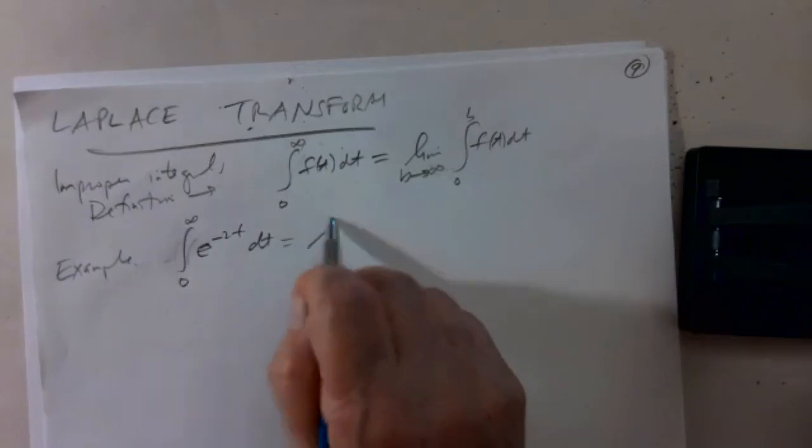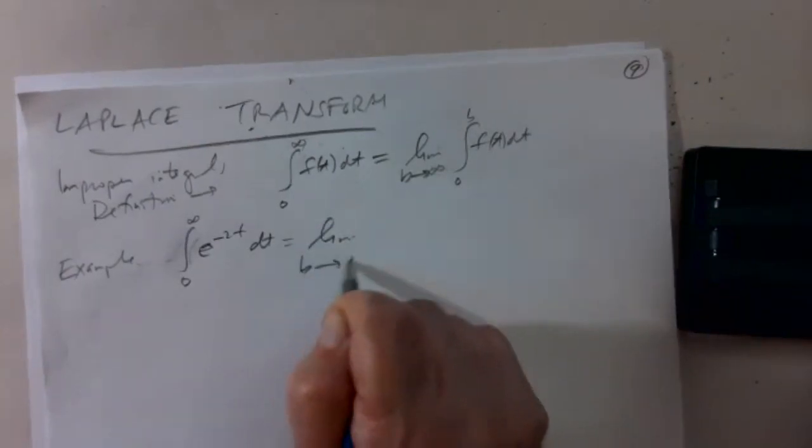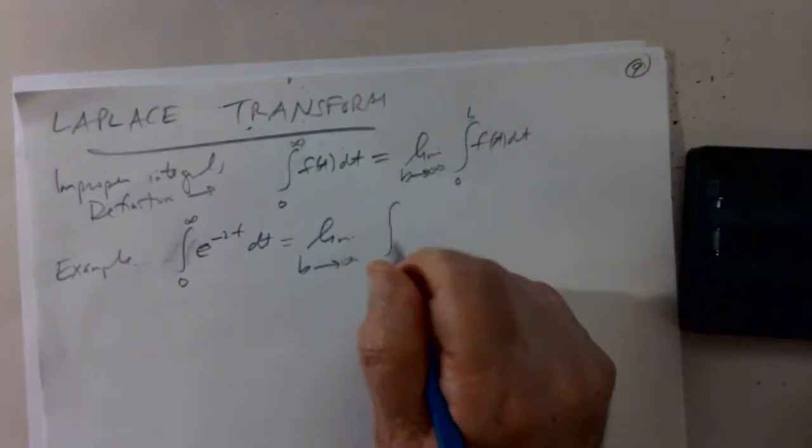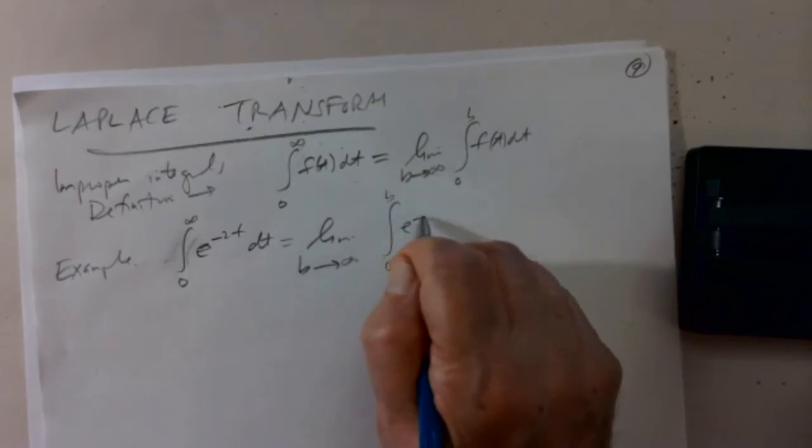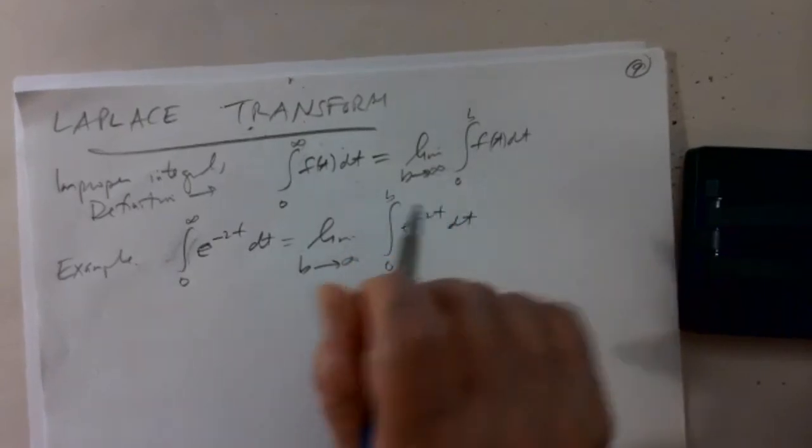So this would be the limit as b goes to infinity of the integral from 0 to b of e to the minus 2t dt.